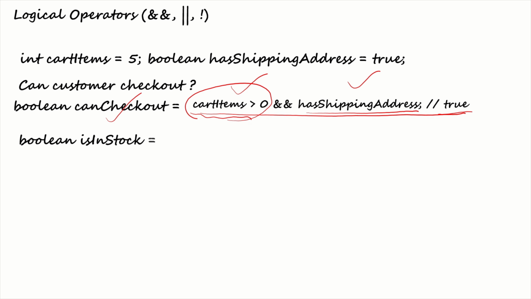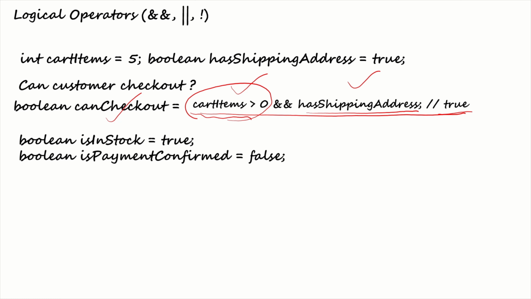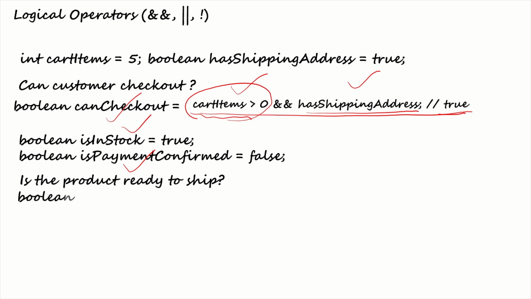Let us see one more example. Think that I have another variable called is in stock equal to true, and is payment confirmed equal to false. Can this product be ready to ship? If the item is in stock and the payment is confirmed, then I'm going to write that this is ready to ship.